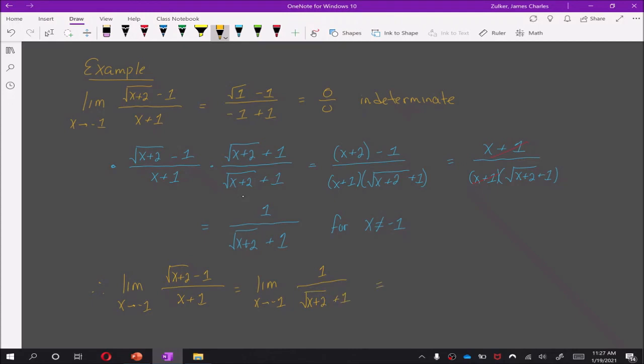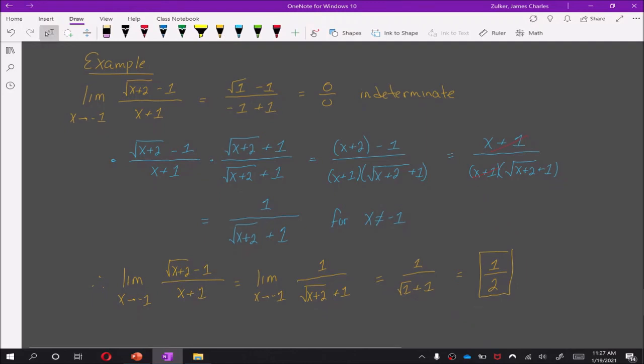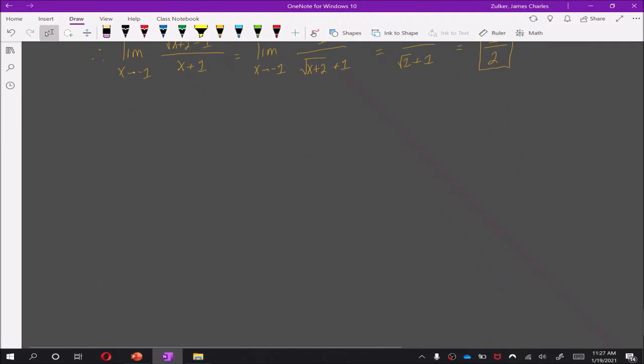Plug in negative 1, 1 over the square root of 1 plus 1, which is a half. All right.